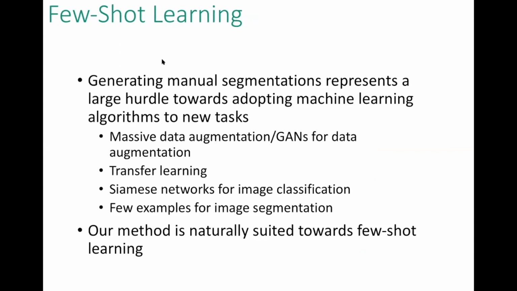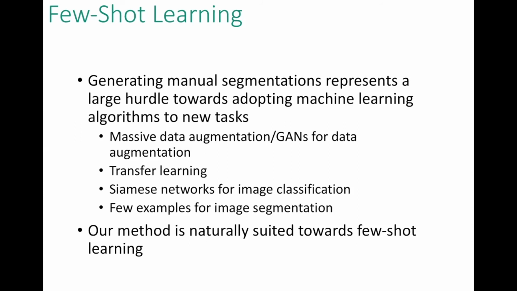Okay, but then we thought about how our method is actually pretty well suited towards learning from a small number of images, right? If you think about using this type of method on whatever your task of interest is, you really need to have training data to do that. And a lot of the methods currently used need a lot of training data.